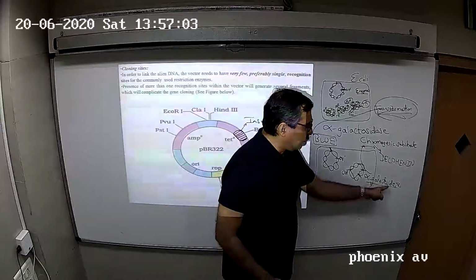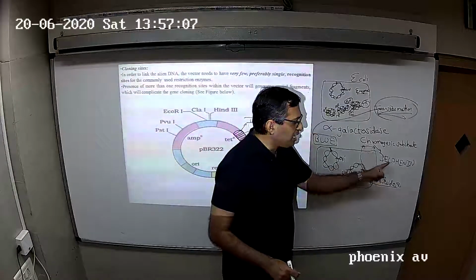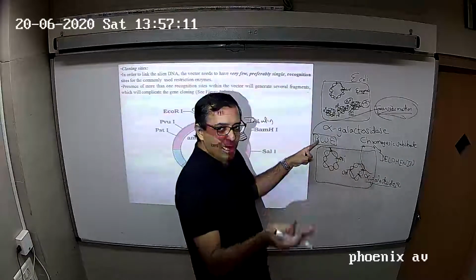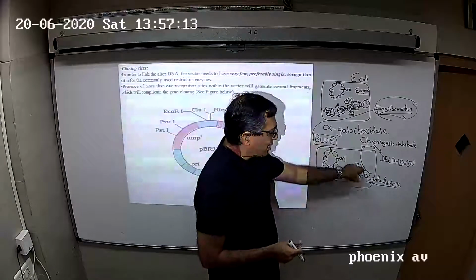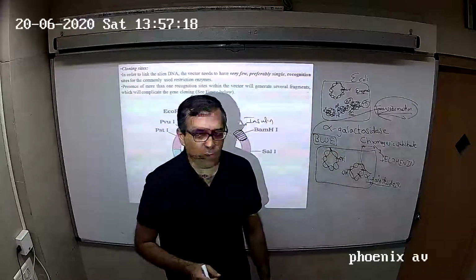So alpha galactosidase becomes an excellent marker. The chromogenic substrate becomes delphinine, and the colony becomes blue, which means the plasmid has been accepted, and this is called successful transformation.